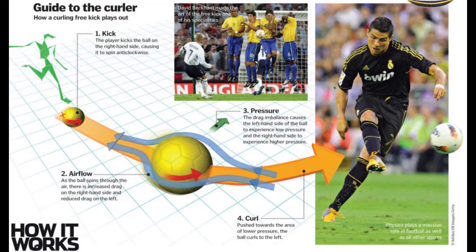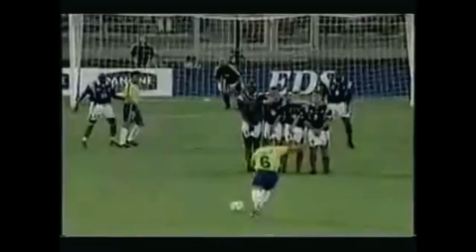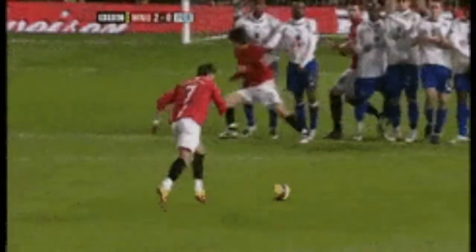It is this imbalance which forces the ball to move to the area with low pressure, thus curling to the left. You can see this Magnus effect in Brazilian player Roberto Carlos' 1997 free kick against France.